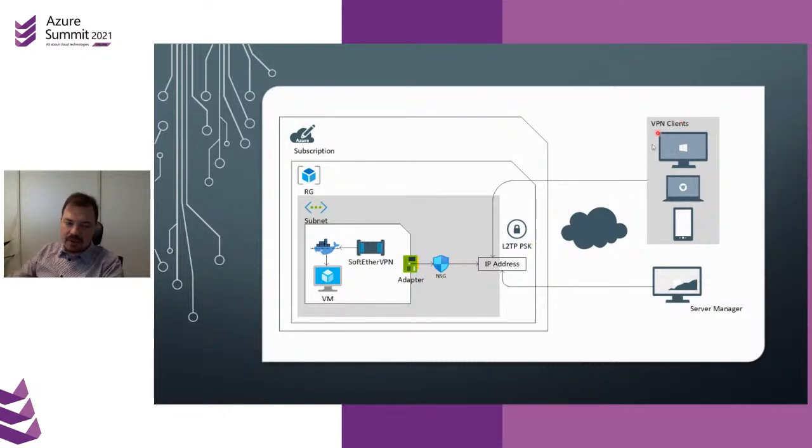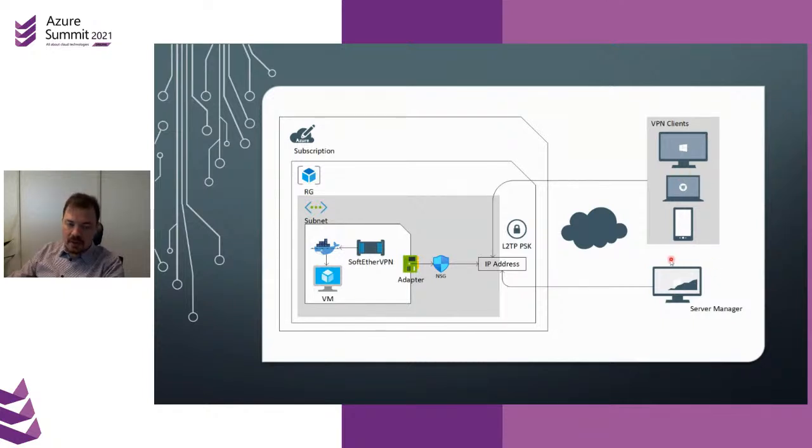So you can use different options. You can use a built-in Windows VPN client, for example, or you can use an OpenVPN client. You can use it from your laptop or from a smartphone or from a desktop computer. So it is just a very common solution in this case.